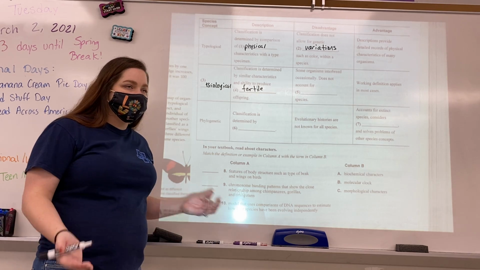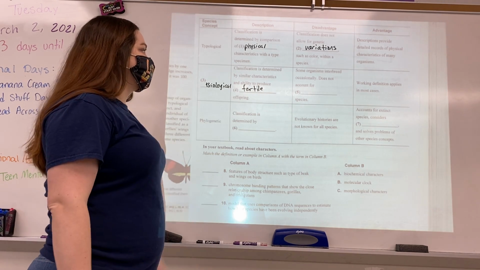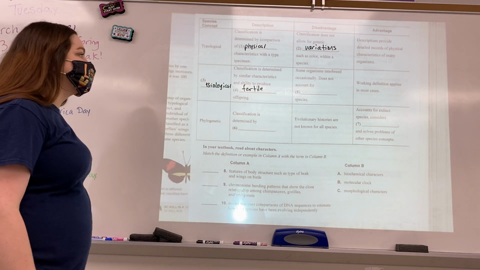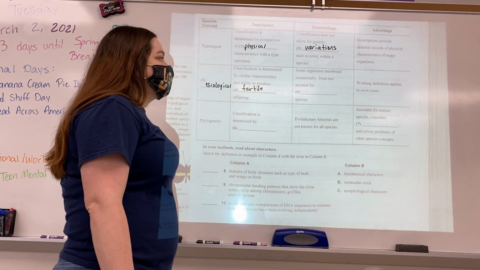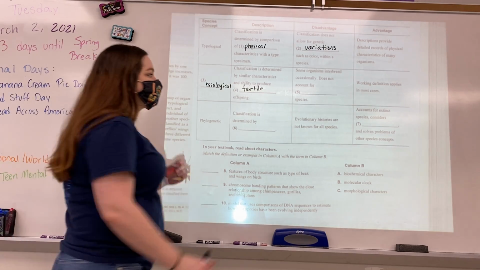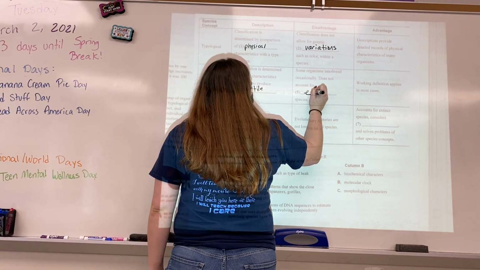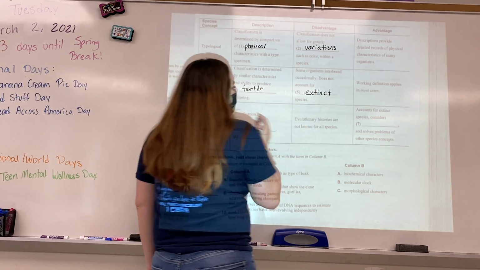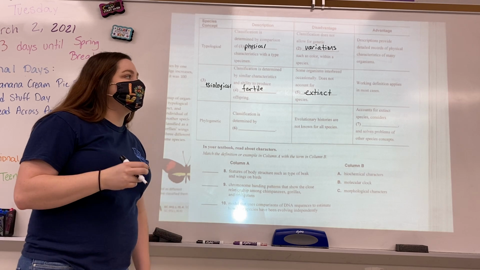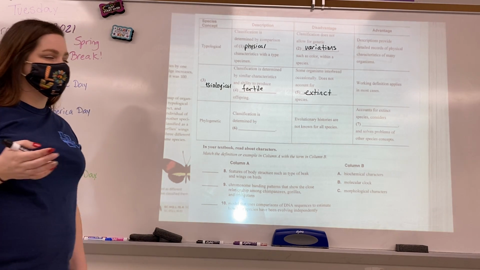So you want fertile offspring. The disadvantages are that some organisms interbreed occasionally, and it does not account for extinct species. The advantage, though, is that the working definition applies in most cases.